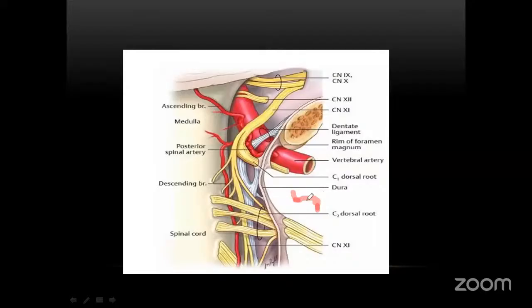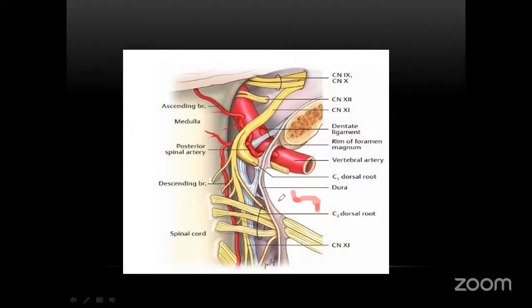This is the course of V3 just at the level of C1, and there is a junction there that it traverses through. Very important. This is the J shape. Look here, this is the J shape. So remember that the posterior arch of C1 is very important because the vertebral artery is there.